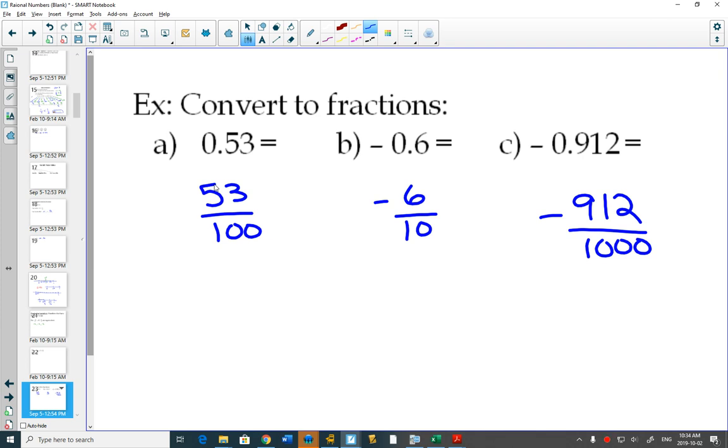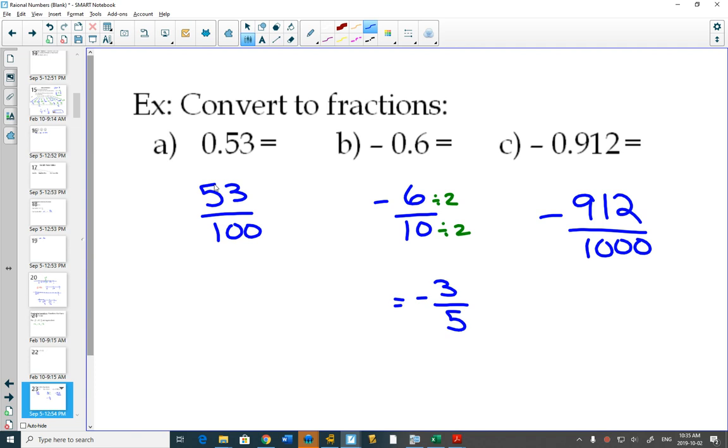Now we're going to have to check, do these divide by the same number so we can reduce them? Let's start with the middle one, looks the easiest. Is there a number you can divide both 6 and 10 by? 2. So if I divide them both by 2, this is equal to still negative, but now negative 3/5. And that's in lowest terms.